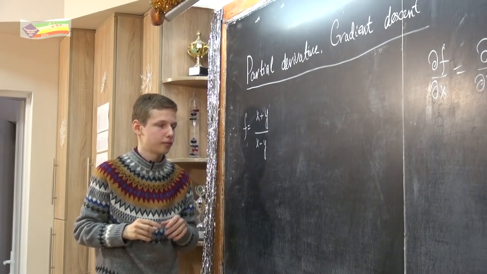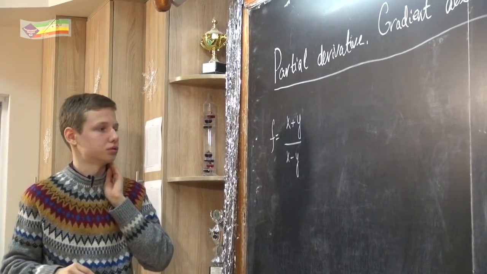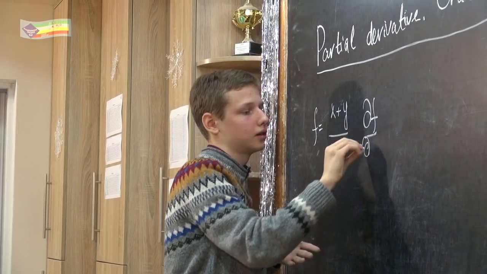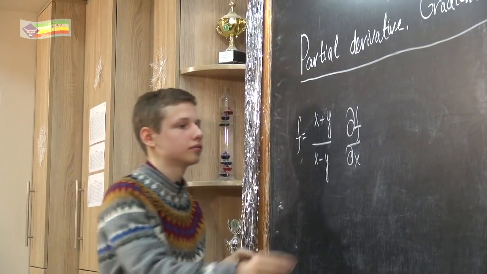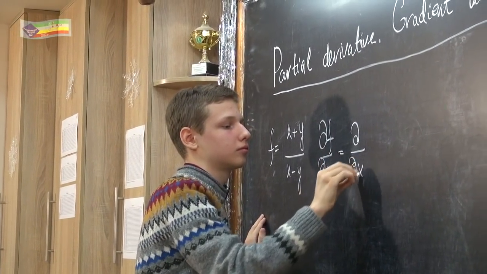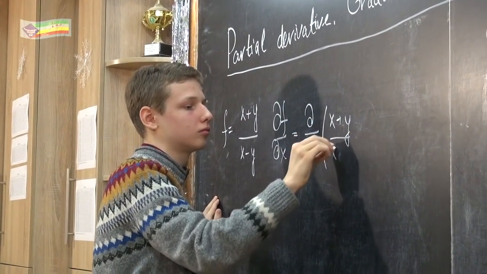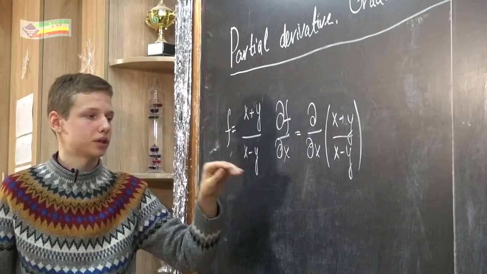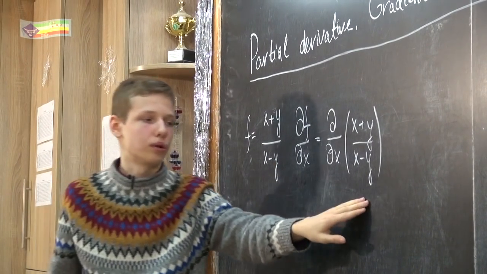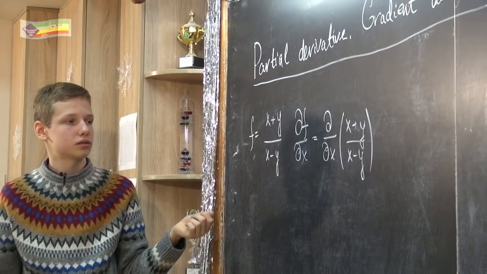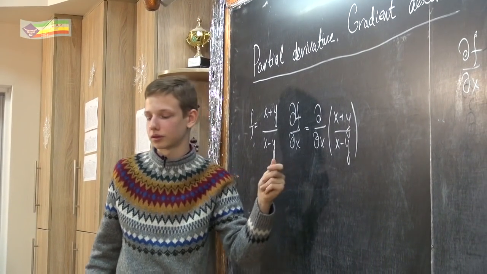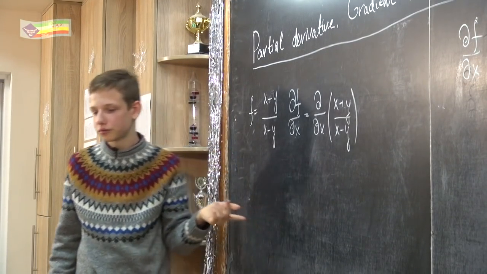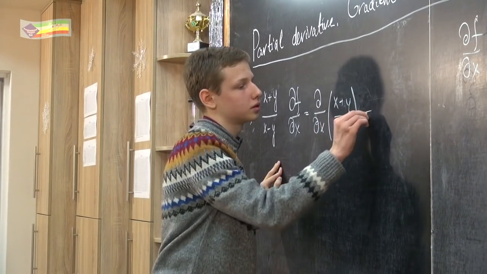I've chosen this to remind you of some rules of differentiation, and now we are going to apply them again in favor of partial derivatives. So now, as we take our partial derivative with respect to x, y's are constant, and now we can use a rule, as you remember, its number is 5 probably, and it's called the quotient rule for calculating derivatives.